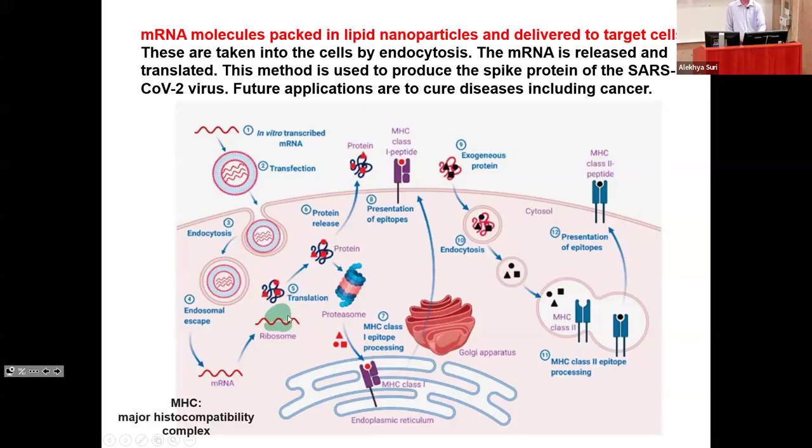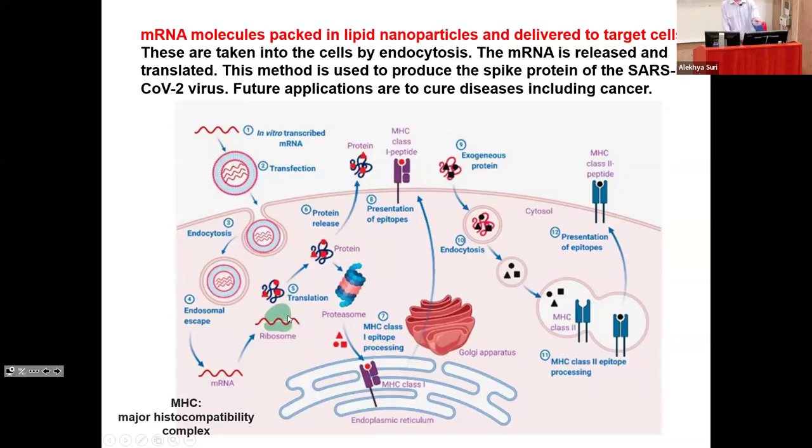This will fuse with the cell membrane. This is called endocytosis. And the particles release the mRNA, and then in this case, immune cells expose the produced protein on the surface.